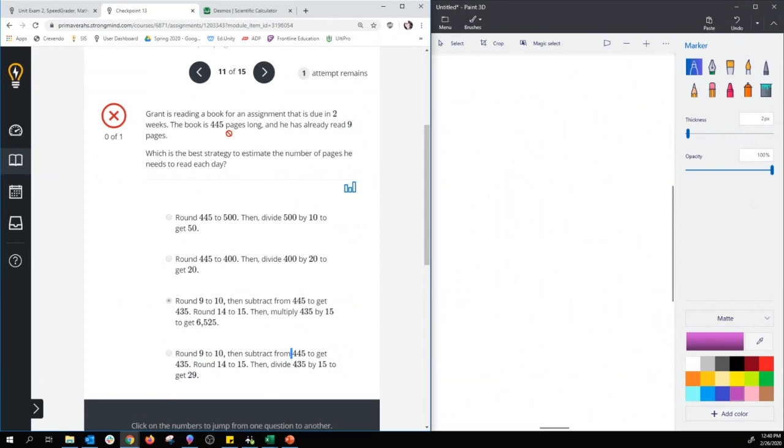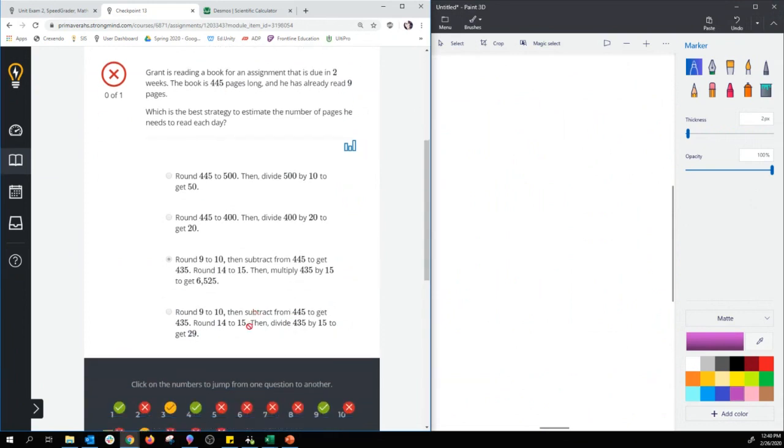And then remember how we said he had 14 days to read all of his pages? A more even number that's easier to work with than 14 would be this 15, right? If I round it up again, then I can just divide from there.